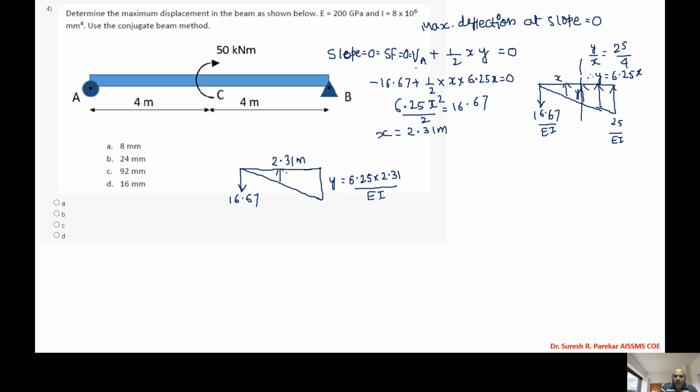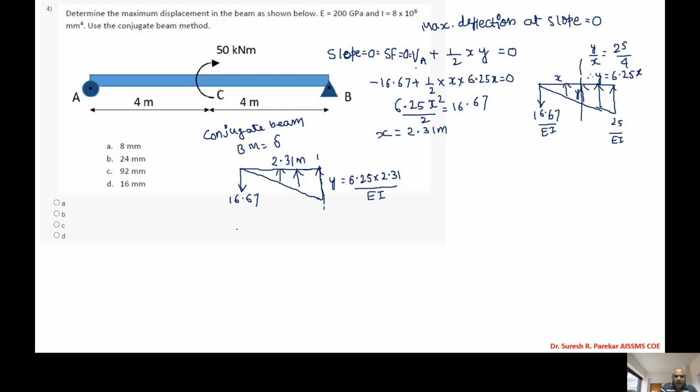And if we go for the displacement, we have to take moment at this point. So we know moment gives us displacement, because in the conjugate beam, bending moment is equal to delta.